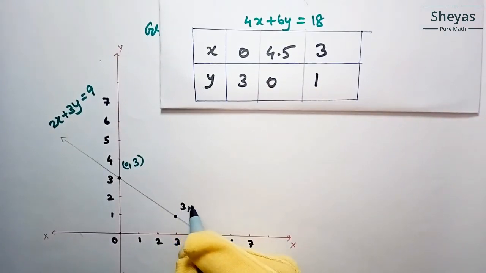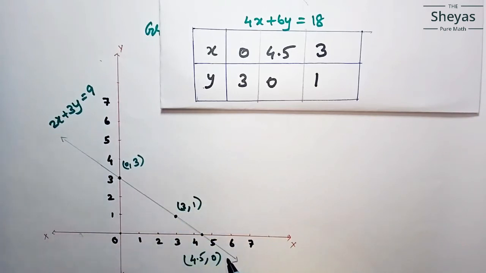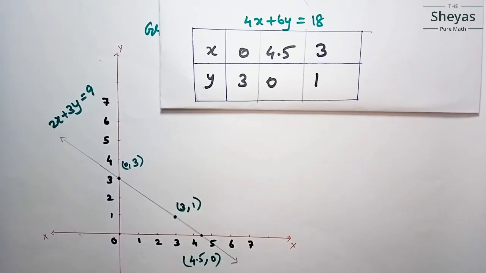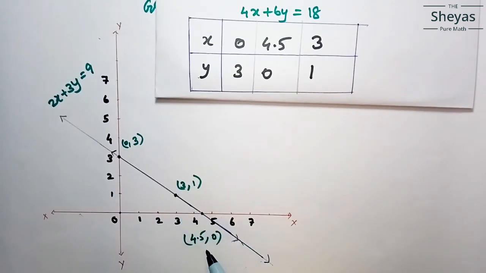So the same points again. So let us join all the points and draw another straight line, joining the points 0, 3, 3, 1 and 4.5, 0.